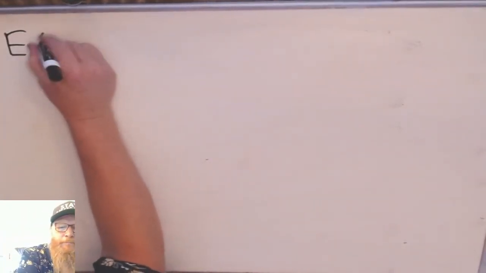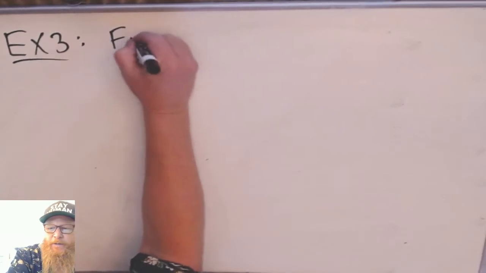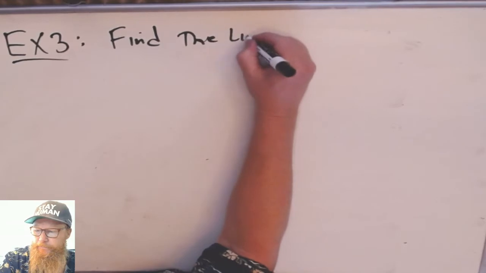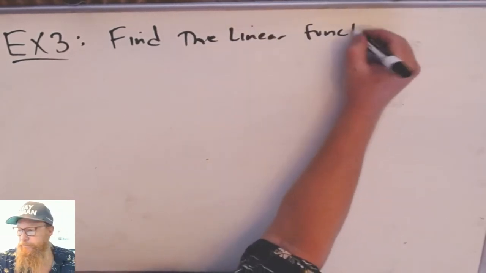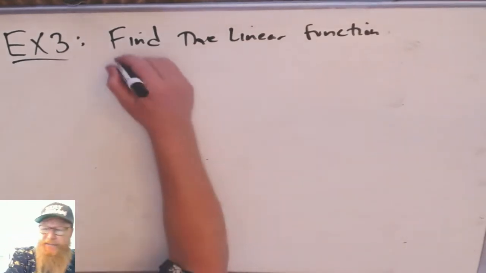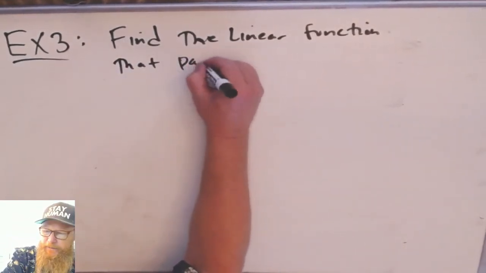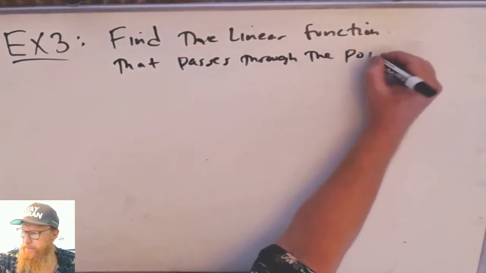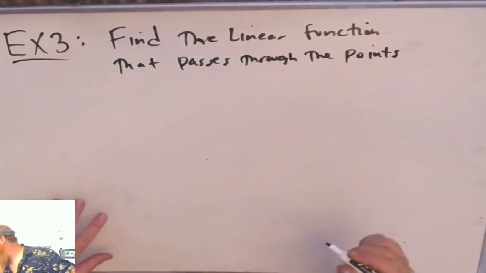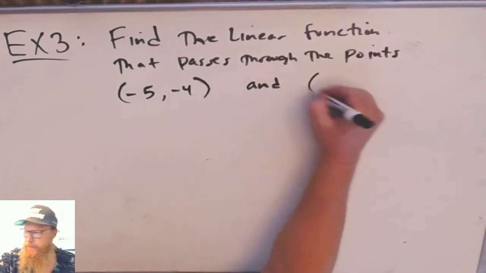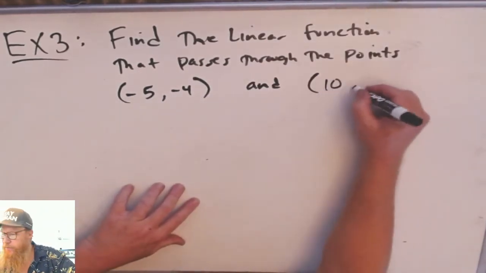Example 3. Find the linear function that passes through the points -5, -4, and 10, 2.